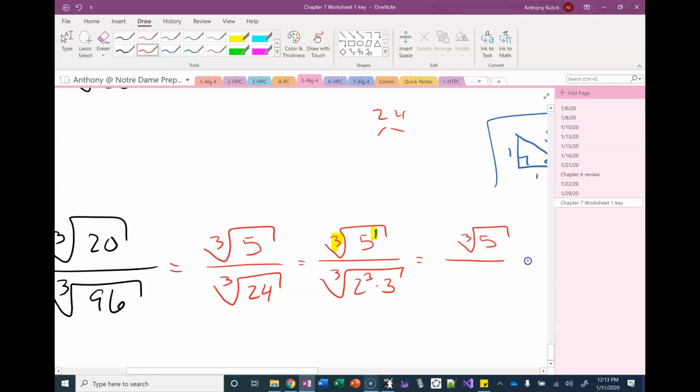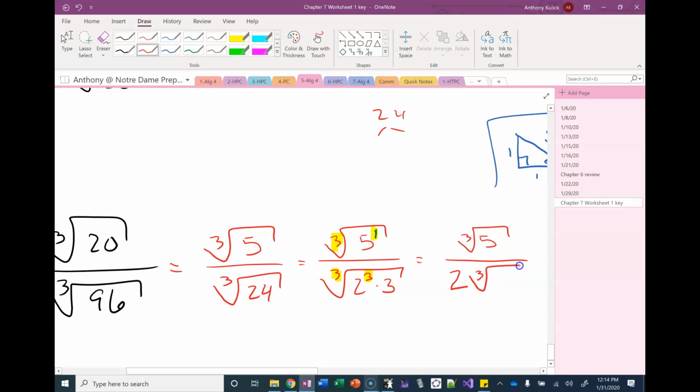Now let's look at the denominator. Again, I'm going to compare the exponent to the index. Can I do an exchange with the 2's? Yes. How many 2's are going to come out? 1. Where is it going to go, into the numerator or the denominator? It's got to go in the denominator because that's where the radical is.